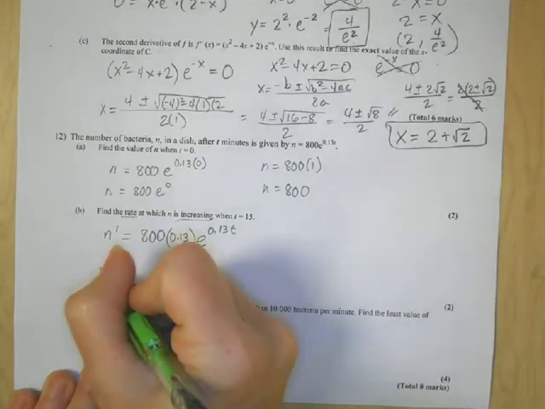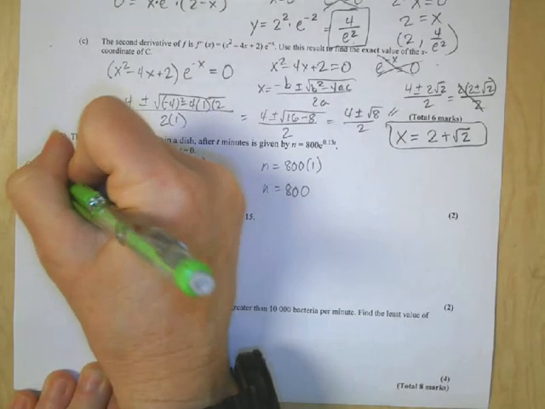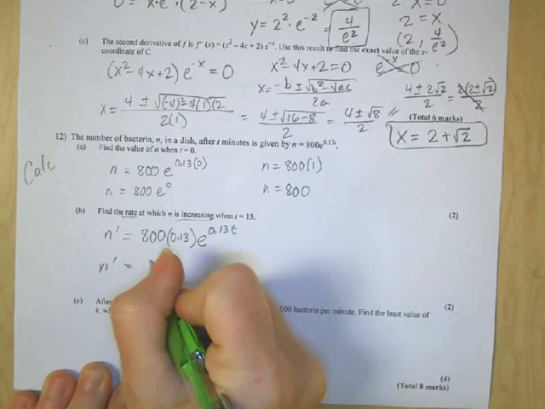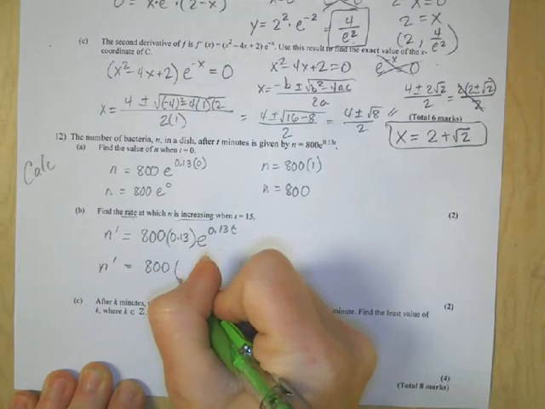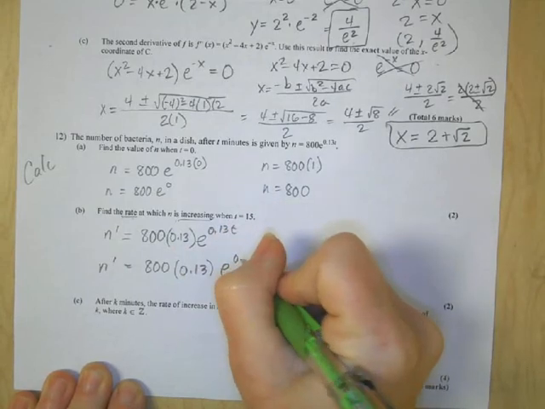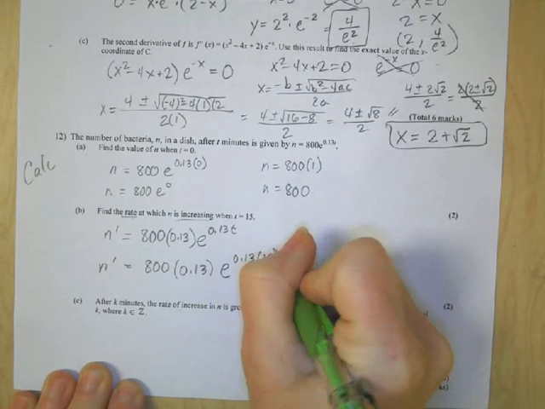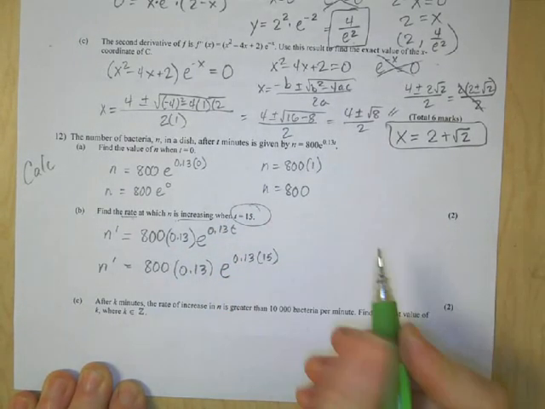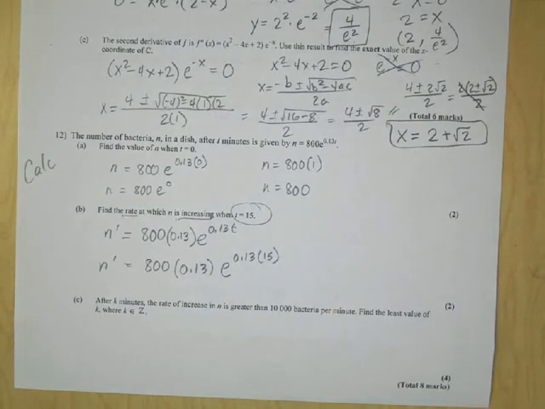Oh, this is a calculator problem. I was just thinking, oh my gosh, I don't want to do this without a calculator. We are going to pull out a calculator for this. 0.13 times e to the 0.13 times 15, because we want it when t is 15. Grab my calculator.